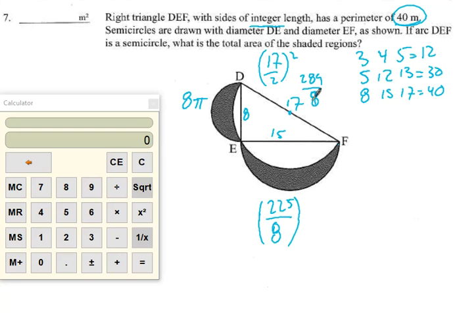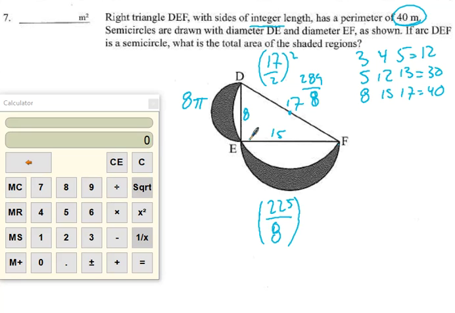And so that means that the area of the shaded region is going to be equal to this plus this minus this piece. But wait a second, this piece also includes this triangle. So we need to include the area of this triangle on one half of the equation to even it out.